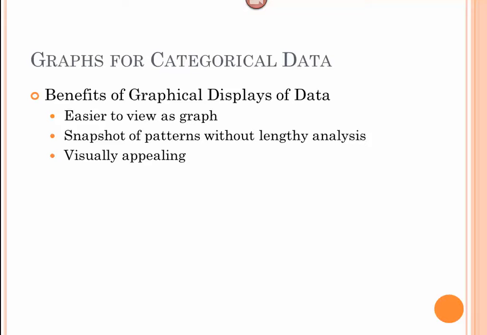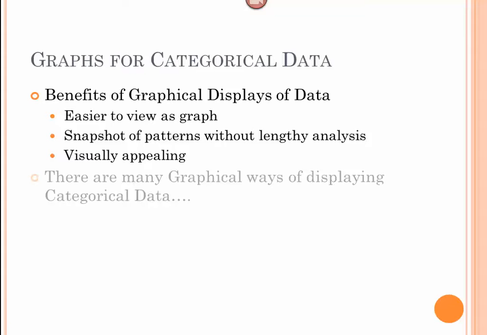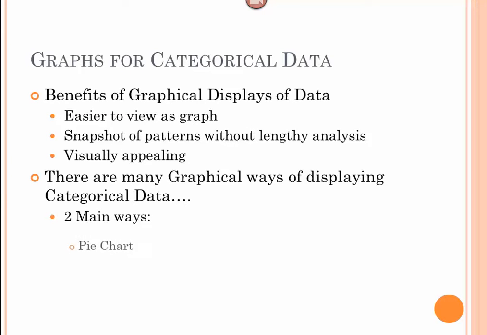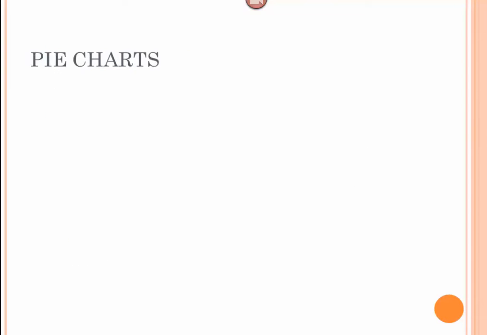And of course, it's visually appealing. We all like to look at graphs as opposed to large sets of numbers. And so when we talk about categorical data which is non-numerical, there's two main ways in which it is typically displayed. Number one would be a pie chart, which I'm sure you're familiar with, and the second also that you're familiar with is a bar graph. Those are the two main things we're going to look at.